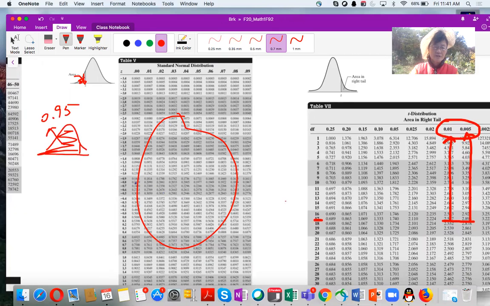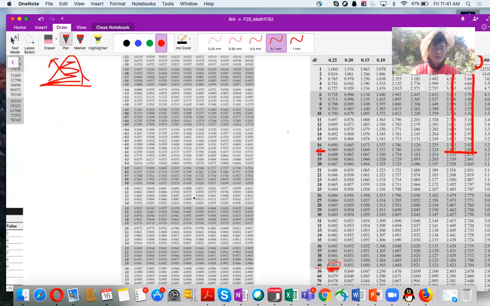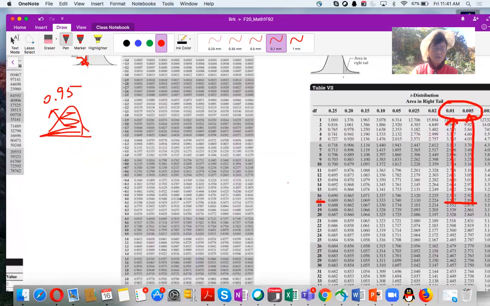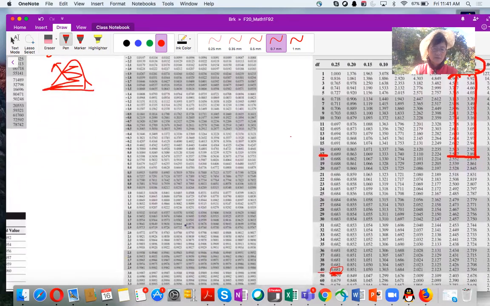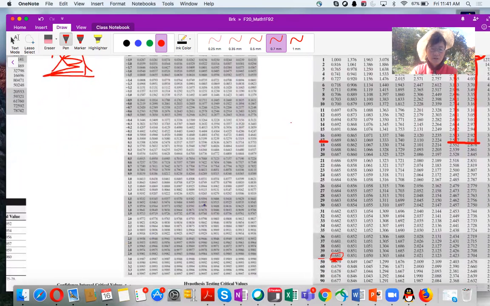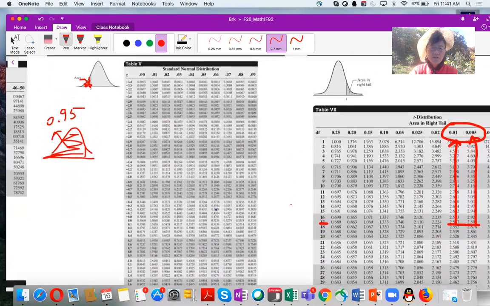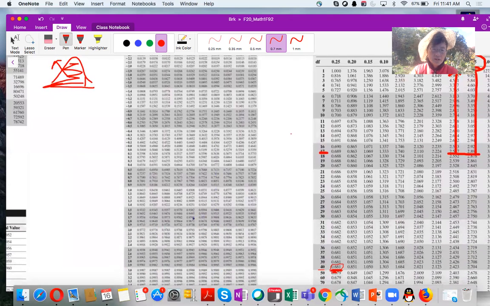Maybe I need to increase the font size. I can see it, you may not, but you have this table. What I'm trying to find is 0.95.